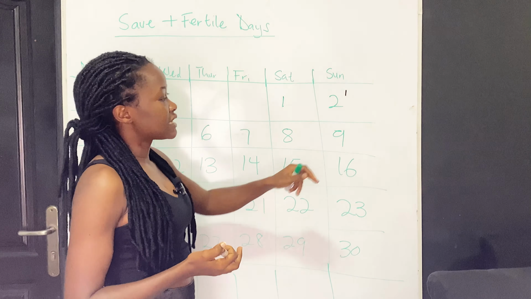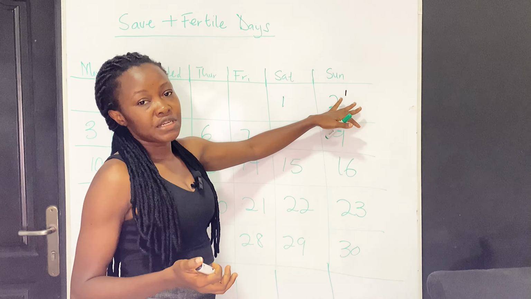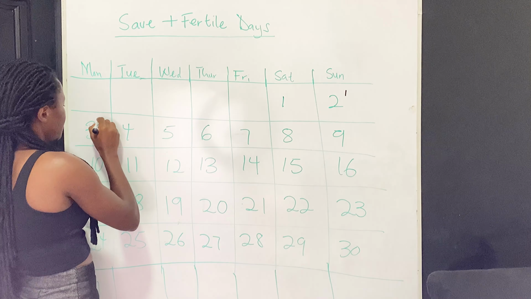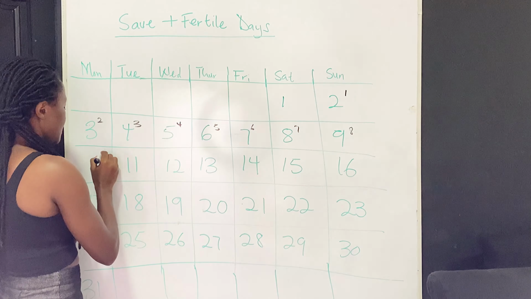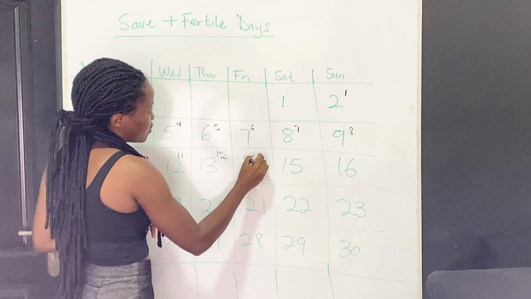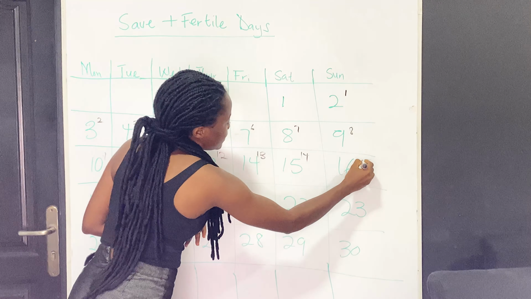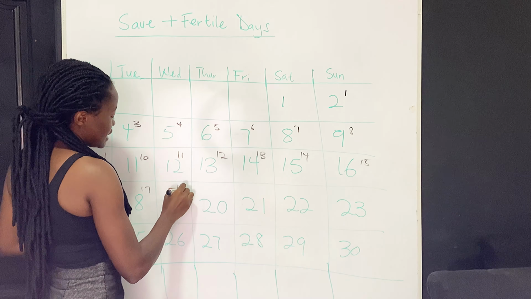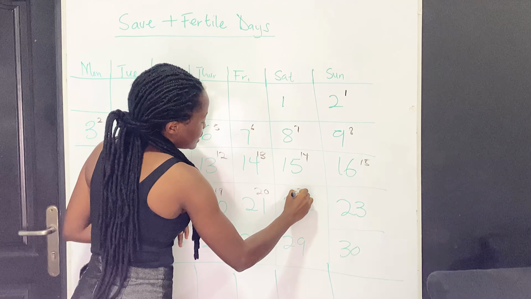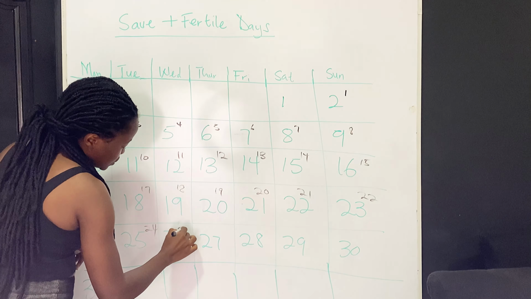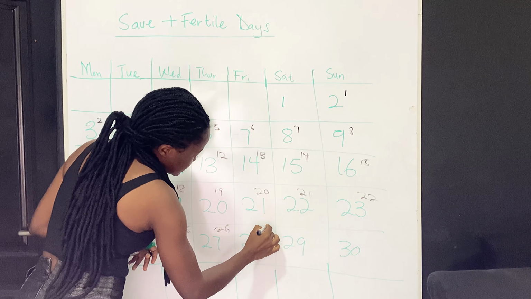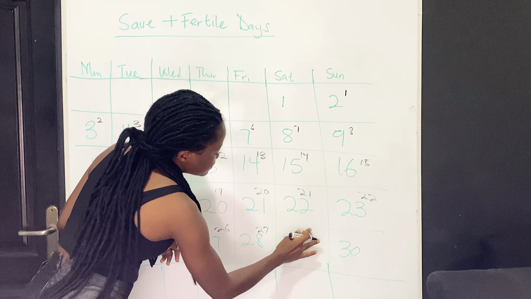Then if she doesn't see her menstruation again, or her menstrual blood again, till the next period, that's 1, 2, 3, 4, 5, 6, 7, 8, 9, 10, 11, 12, 13, 14, 15, 16, 17, 18, 19, 20, 21, 22, 23, 24, 25, 26, 27, 28.